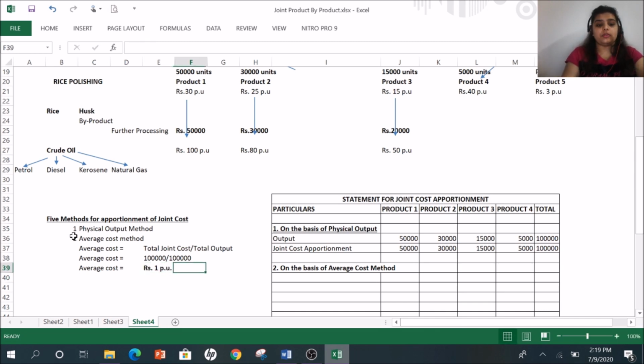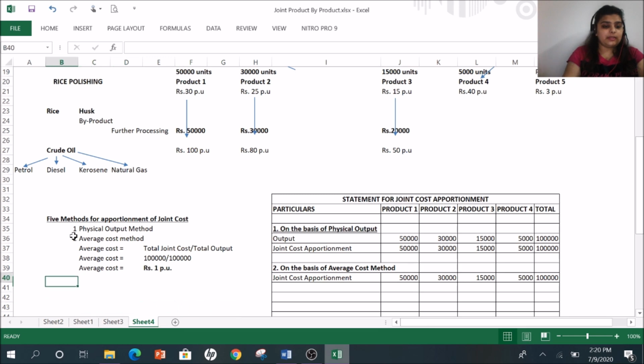Now this average cost I am going to multiply with the output. So the number of units into the average cost per unit, that is 1 rupee. So 50, 30, and so on, we get a total of 1 lakh rupees. This is on the basis of average cost method. See, I told you it is very similar to our first method.